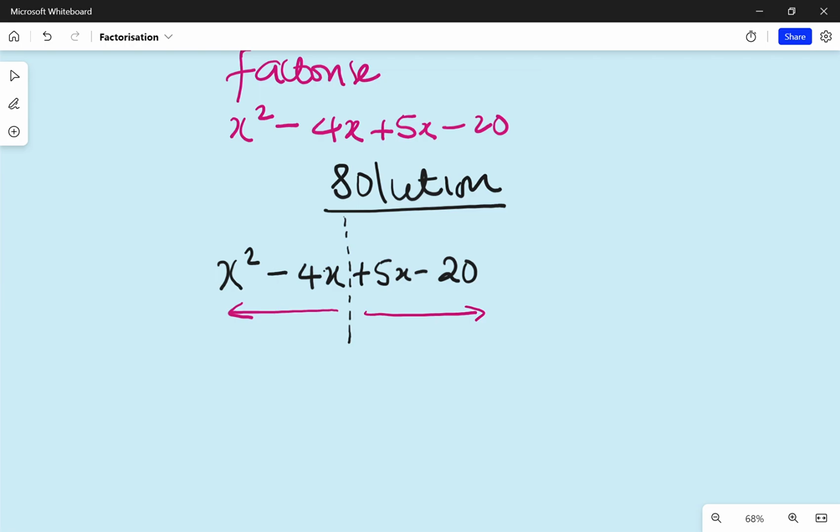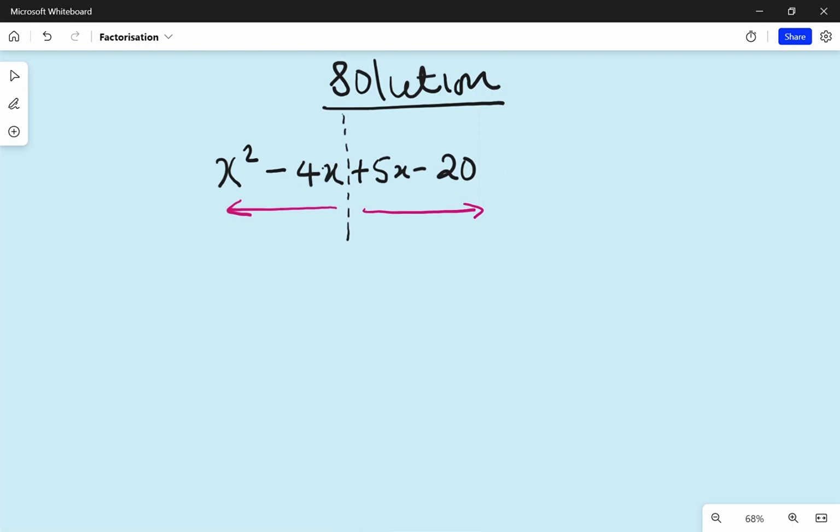I'm going to have x squared minus 4x, where x is common, giving x minus 4, then positive 5 is common, giving x minus 4, such that 5 times x gives 5x back, and positive 5 times negative 4 gives negative 20 back.